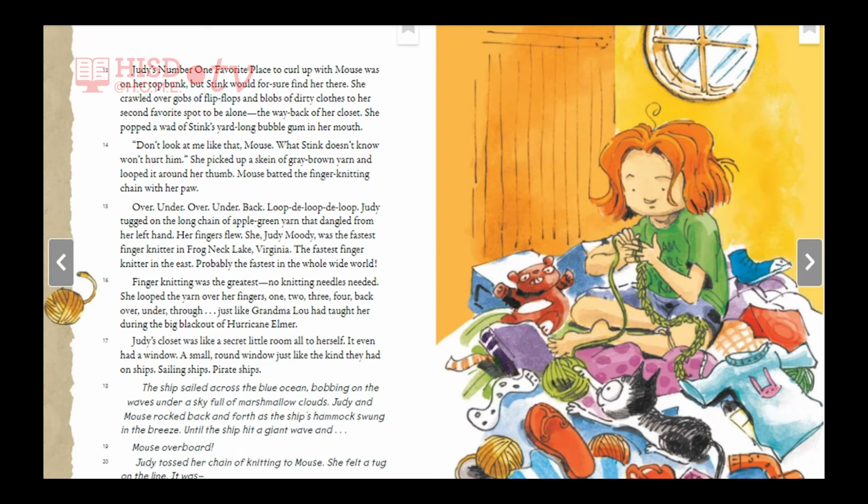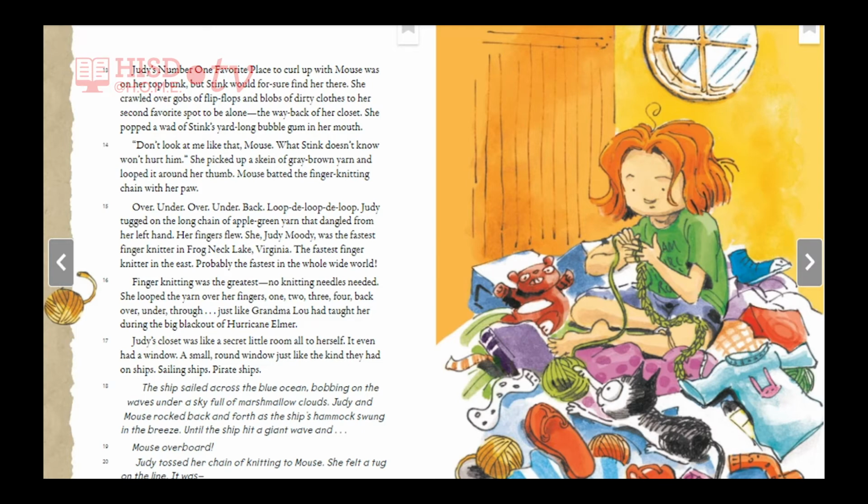She picked up a skein of gray-brown yarn and looped it around her thumb. Mouse batted the finger knitting chain with her paw. Over, under, over, under, back, loop, de-loop. Judy tugged on a long chain of apple green yarn that dangled from her left hand. Her fingers flew. She, Judy Moody, was the fastest finger knitter in Frog Neck Lake, Virginia.